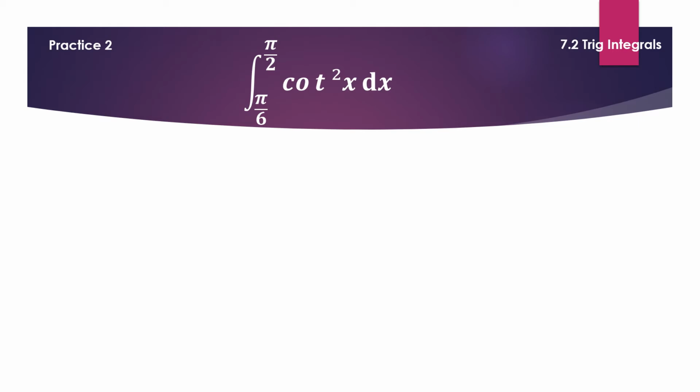For this integral of cotangent squared x, let's recall 1 plus cotangent squared x equals cosecant squared x. So here, we first transform the cotangent squared x into cosecant squared x minus 1 dx.